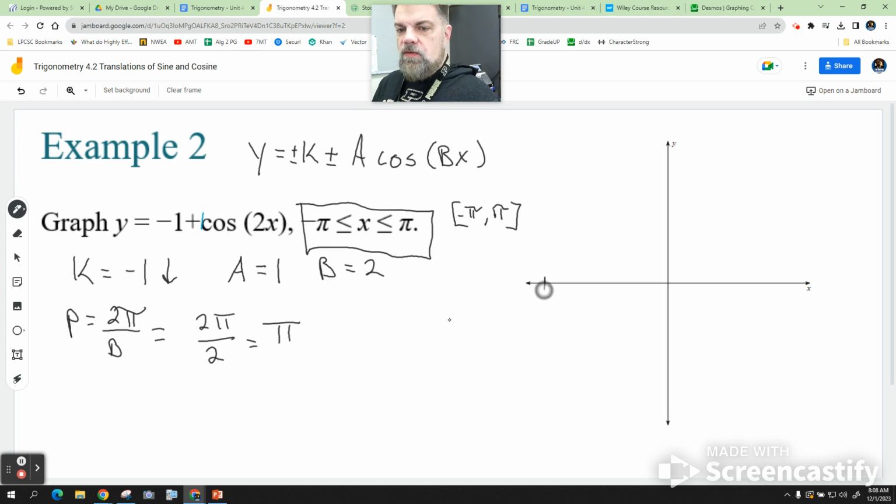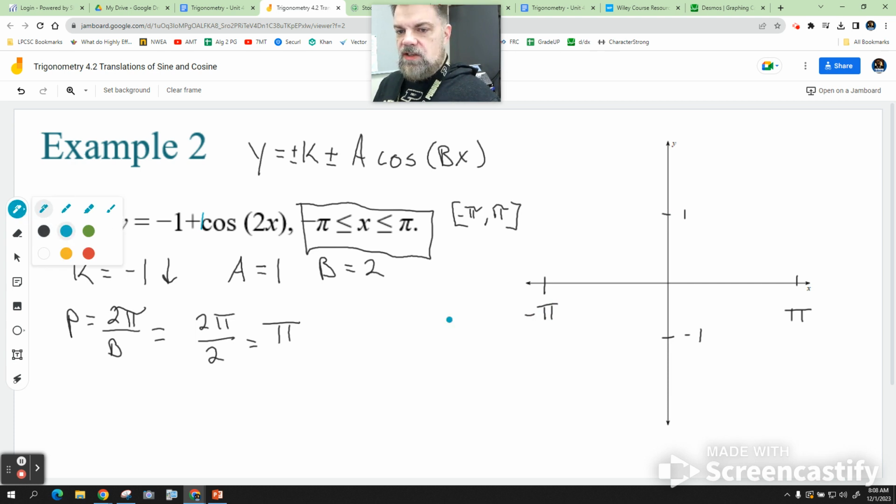So I'm going to go over here, and it says we're going to graph from pi to negative pi. Now normally it would go from 1 to -1, but because K is -1, we're going to shift everything down. So my graph has to go down 1.